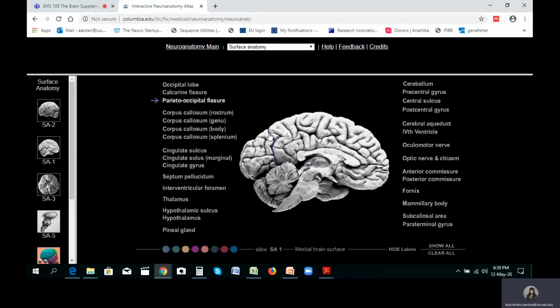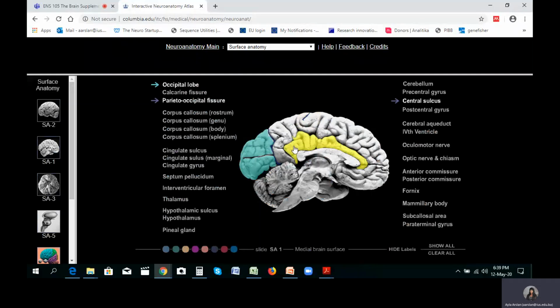It's not very well visible from the lateral view, but in the medial section, it is this long fissure that separates the occipital lobe from the parietal lobe. This is the central sulcus. Okay, this is the parieto-occipital fissure.